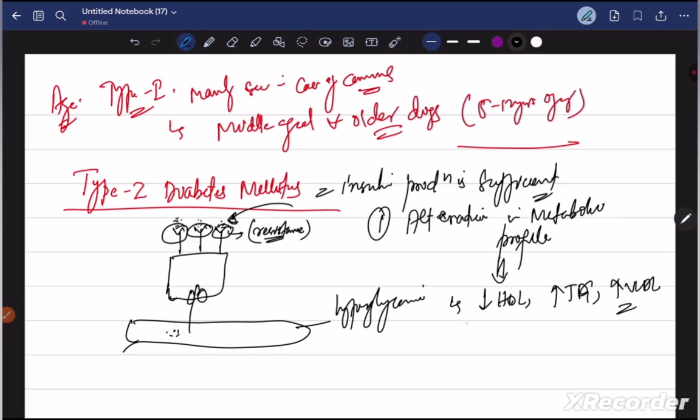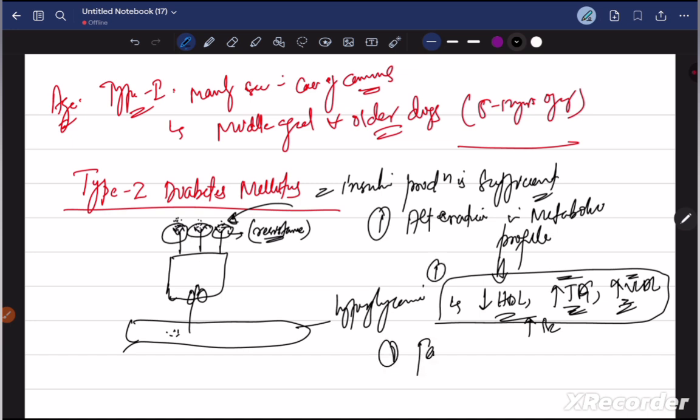Because of this alteration in the metabolic profile, these triglycerides and VLDLs and increased blood sugar bind to these receptors, and instead of insulin binding, these triglycerides bind with these receptors and make them resistant to insulin. This is one of the reasons.